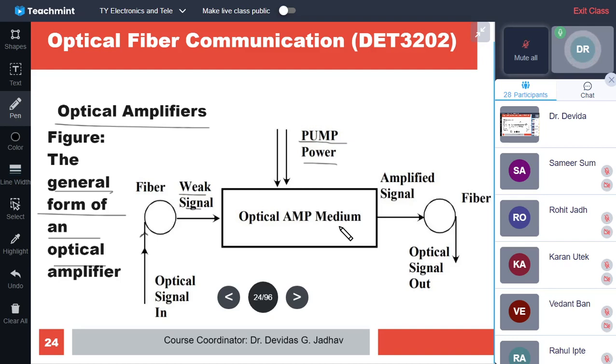So this material is tuned with that wavelength. Then the energy is released from the atomic structure in the form of a photon, and the atomic structure goes to the lower energy state.